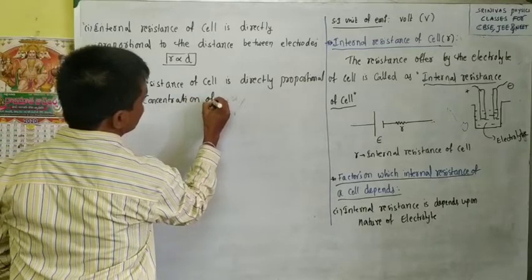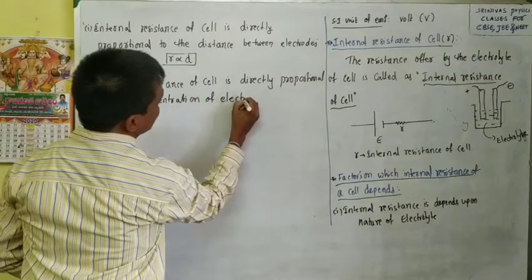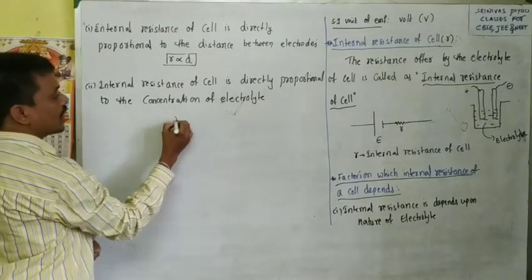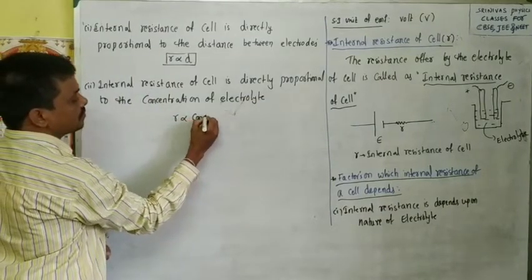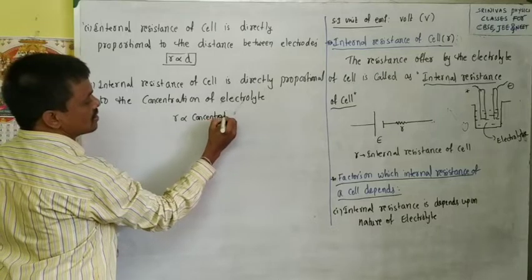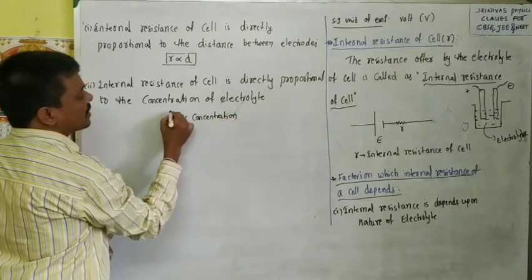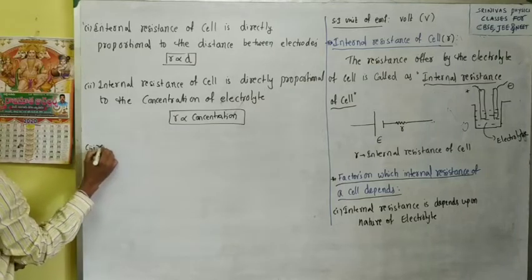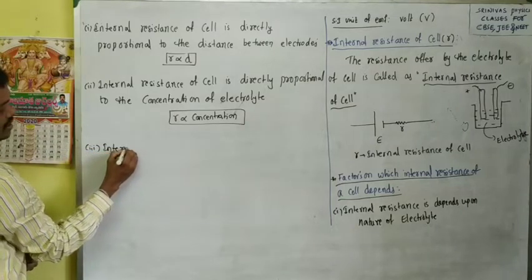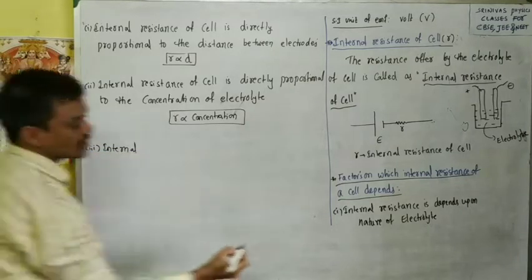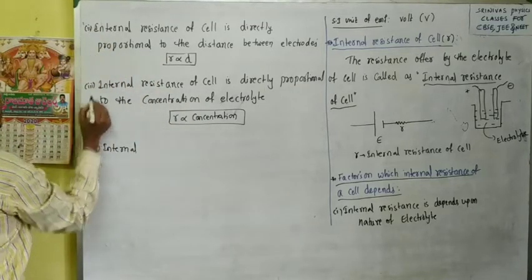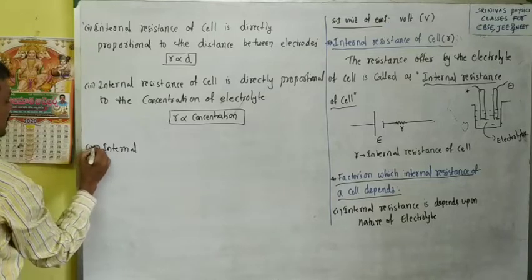Internal resistance is proportional to concentration. This is the first point, this is the second point, third point, and this is the fourth point.